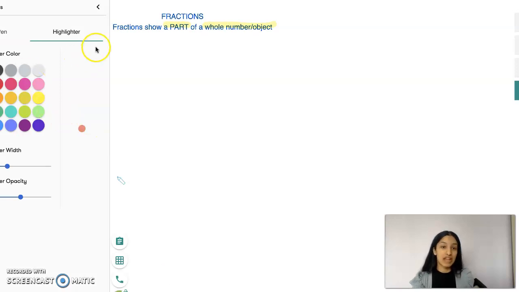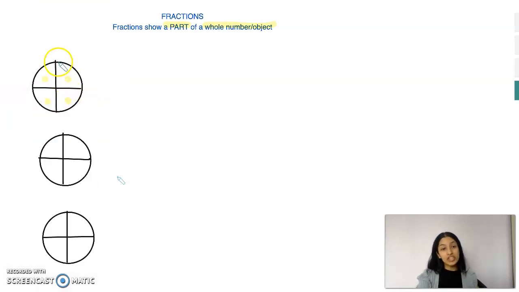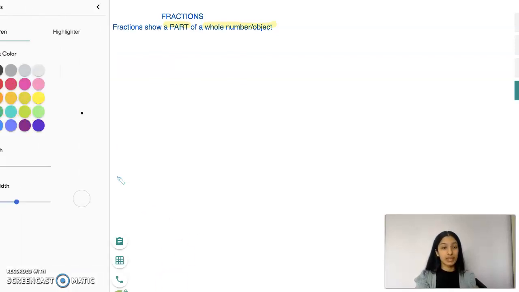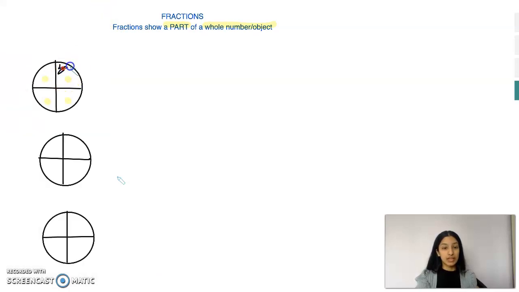So let's pick red. I'm going to shade one piece. So in this case, I have shaded one section and there are 4 equal sections, so it's 1 over 4.